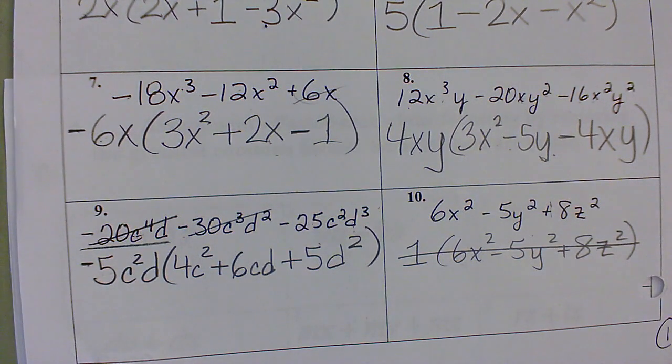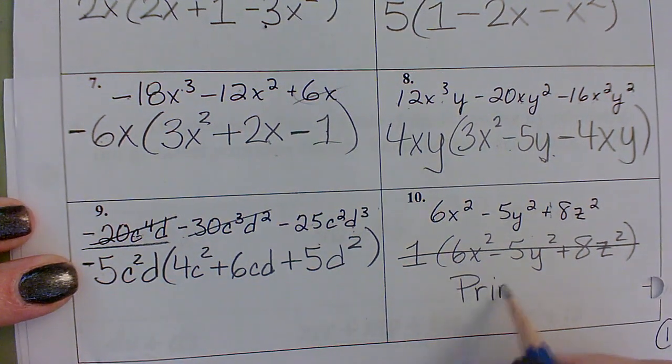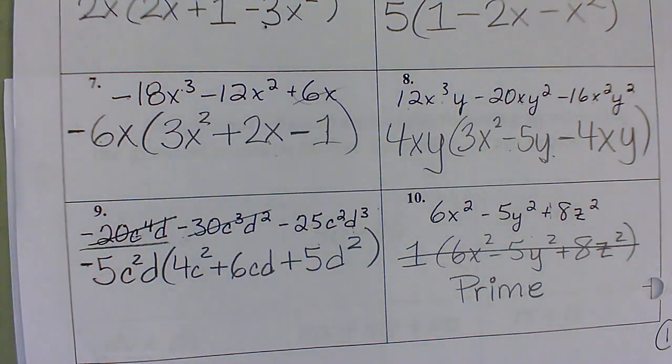If it doesn't factor at all, we call it prime. Because think back to numbers like 7. Break down 7 for me. 1 and 7. Right? What's 13? 1 and 13. We call them primes for a reason, right?